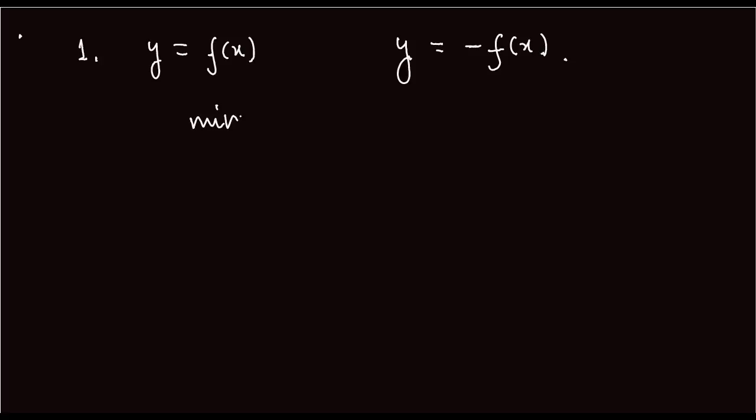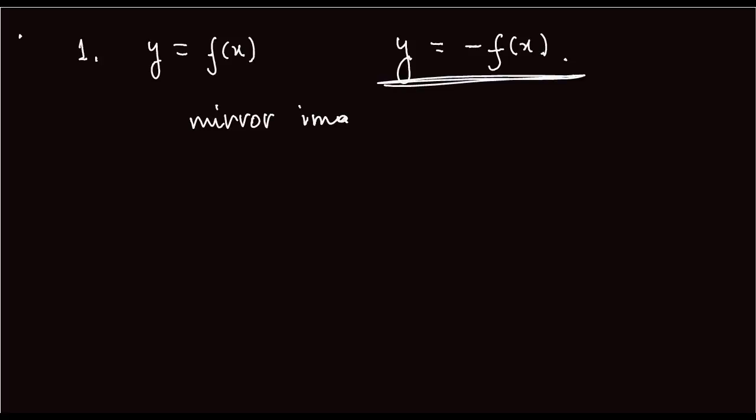Now we'll move on to graphs. So if you change the variable, what is the change in the graph of f of x? Okay, so first one is if y is equal to f(x) and we have to find the graph of y equal to minus f(x). Fine. So what would it be? It would be a mirror image.